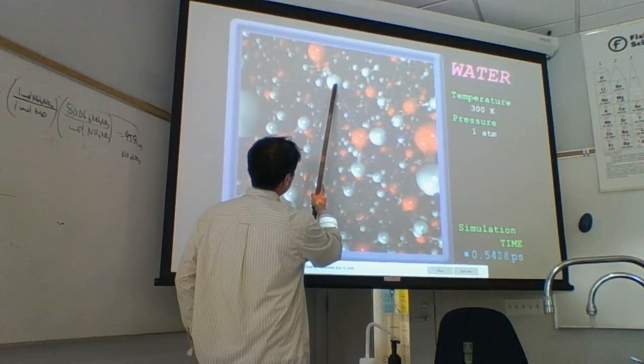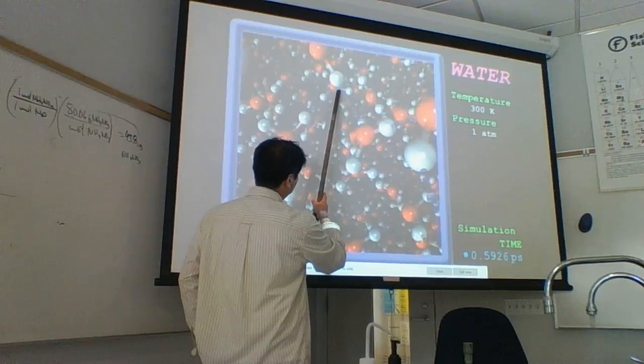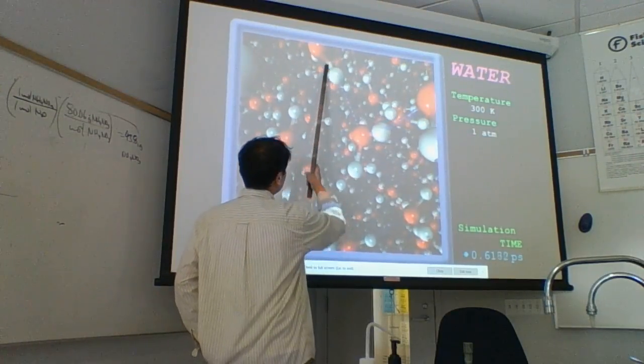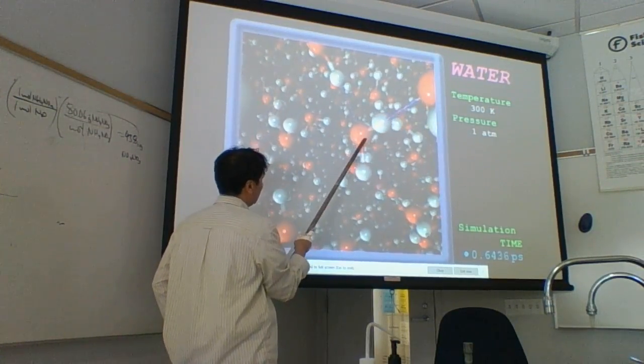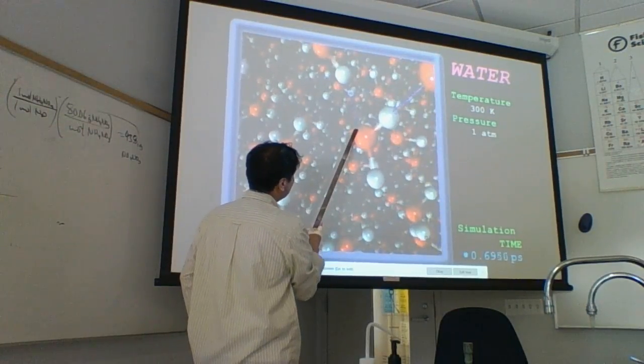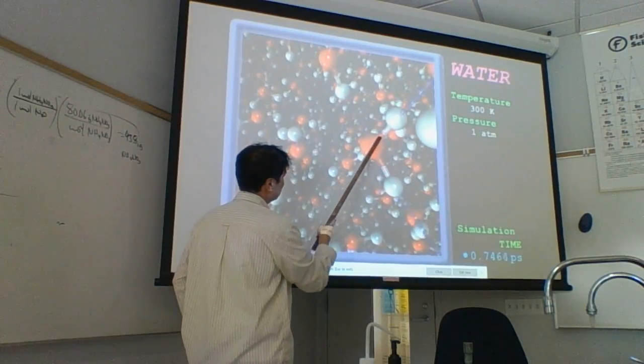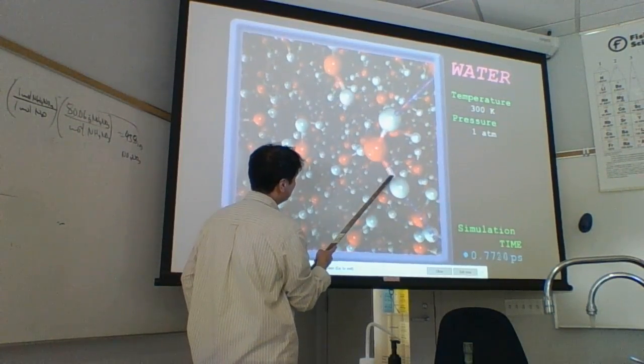The hydrogens in water are positively charged. They have a positive charge associated with the polarization of electrons. The oxygen is negatively charged, so we have a positive-negative attraction like this. But it's weak, so these aren't real bonds. These are covalent bonds here, you can see. I'm showing you the springs here.